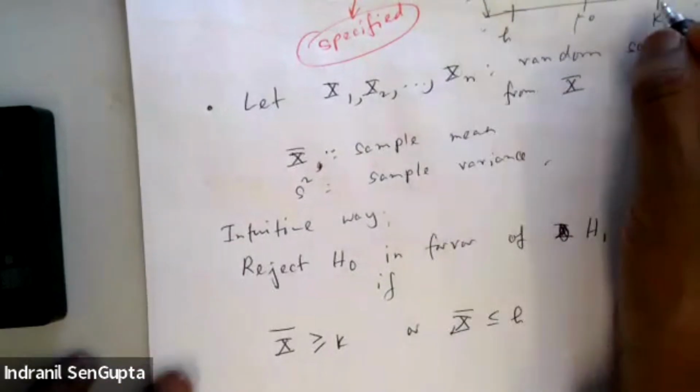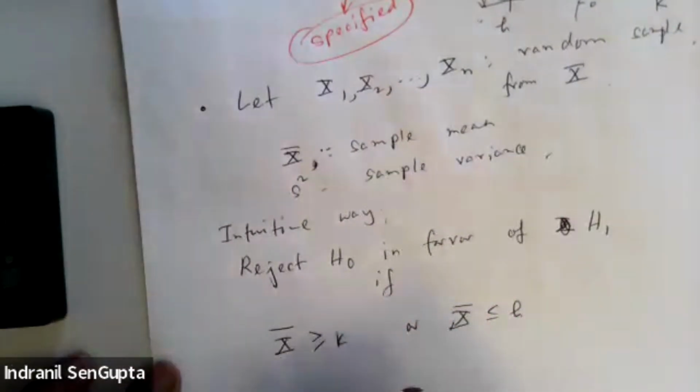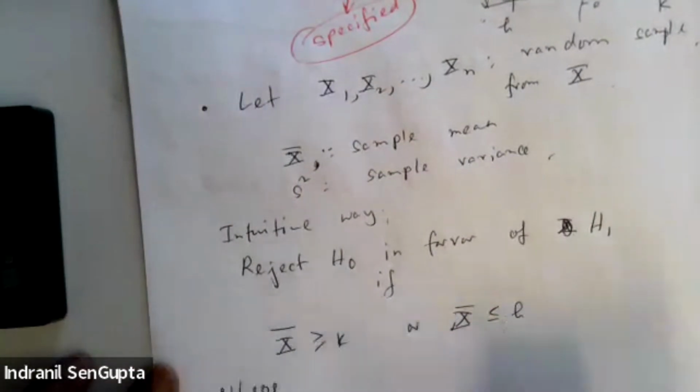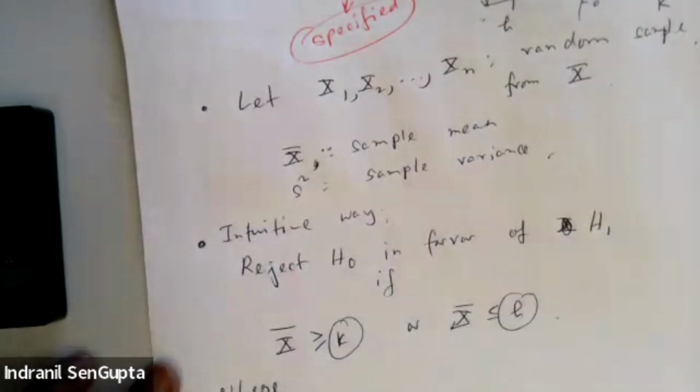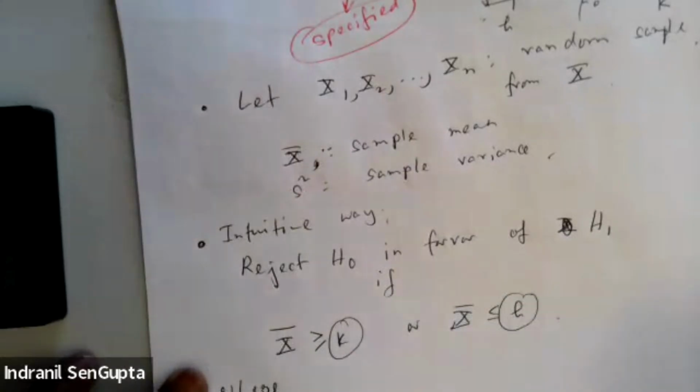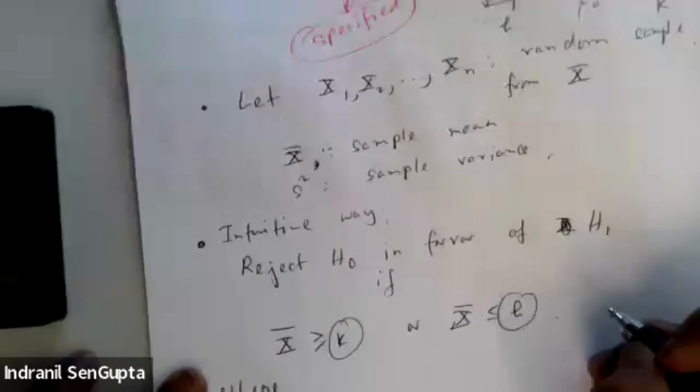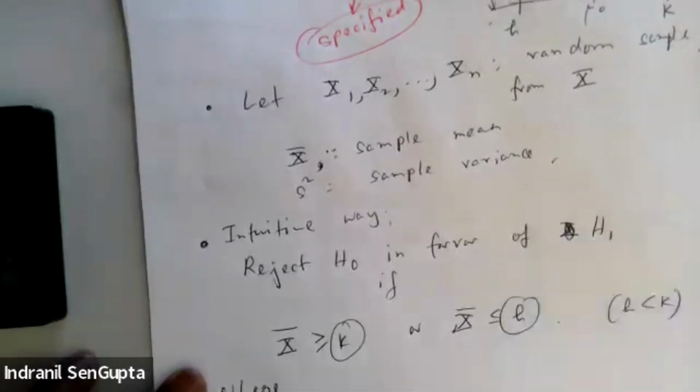So let's put some values to it, where K and H are to be selected in such a way that, by the way, clearly H is less than K, right?